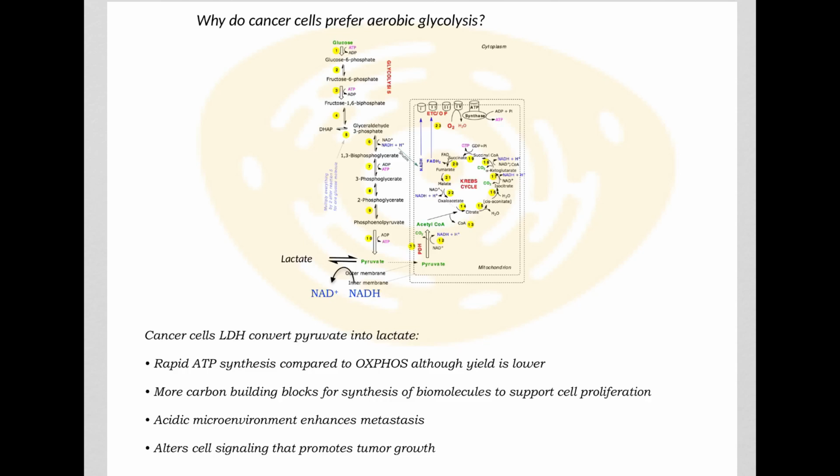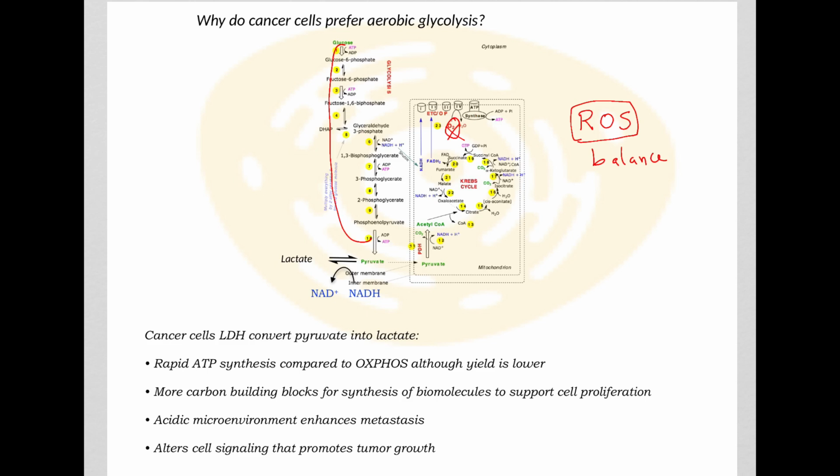Another suggestion is that using glycolysis and not using oxygen is going to change the reactive oxygen species, the ROS, the free radicals. So the amount of free radicals, this free radical balance, is changed.